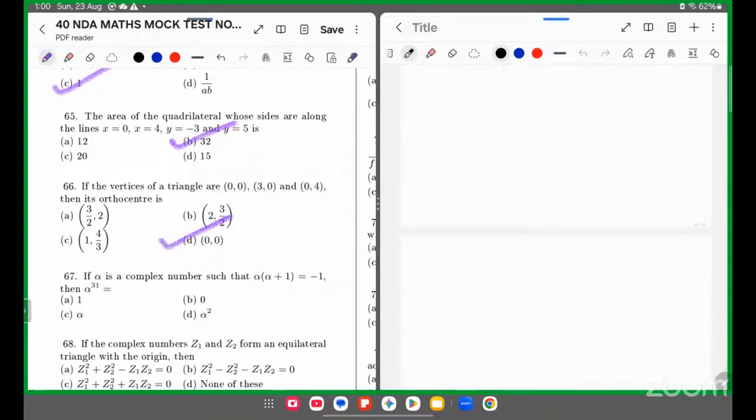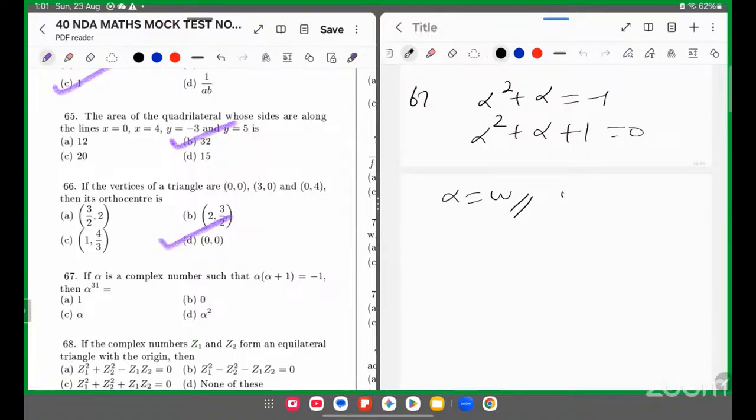Then question number 67. If alpha is a complex number such that alpha into alpha plus 1 equal to -1, then alpha raised to 31. So if I write alpha square plus alpha equal to -1, so alpha square plus alpha plus 1 equal to 0, then alpha equal to omega or omega square.